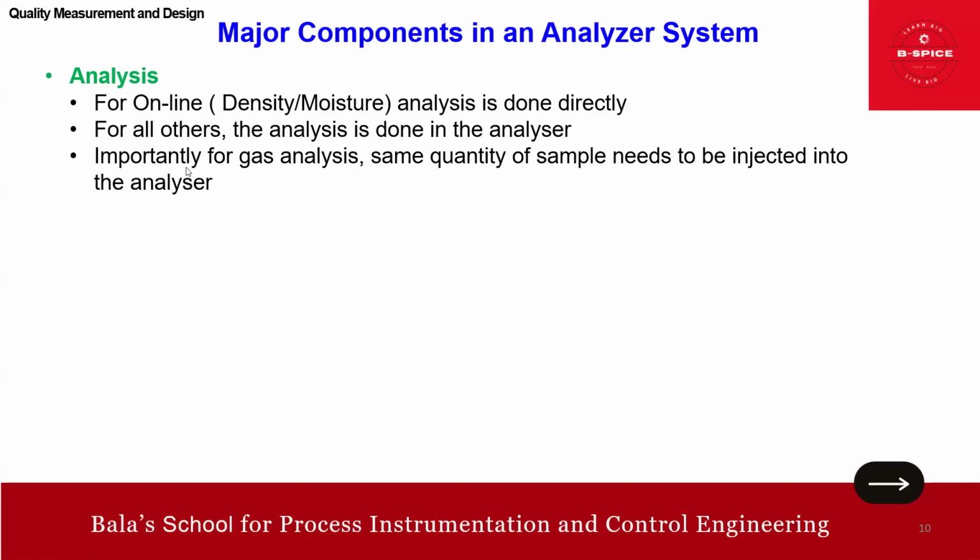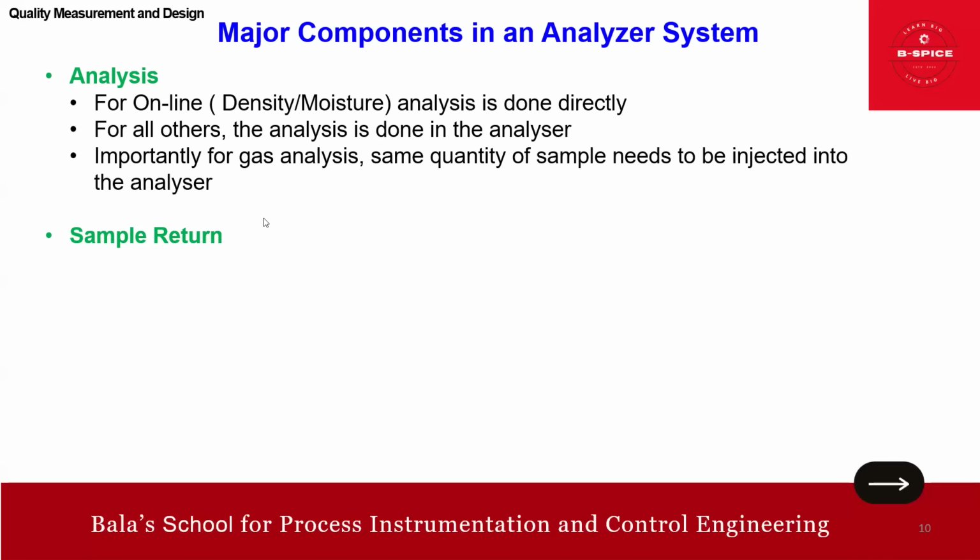Importantly, for gas analysis, the same quantity of sample needs to be injected into the analyzer. That is also something we need to take note of. I hope it is clear. Any questions, please comment or you can write to me. Okay. This is about the analysis.